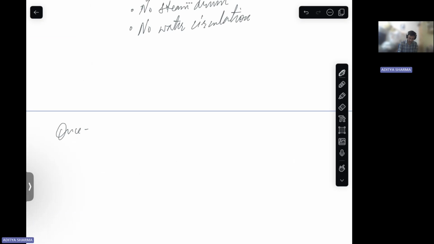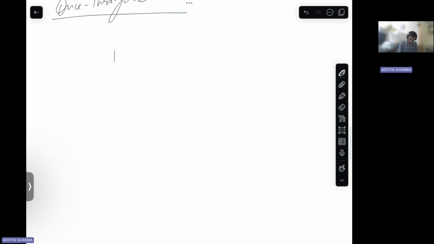The TS diagram. We have seen it in one of the previous sessions. I believe it was session number 3 where we discussed the modified Rankine cycle.